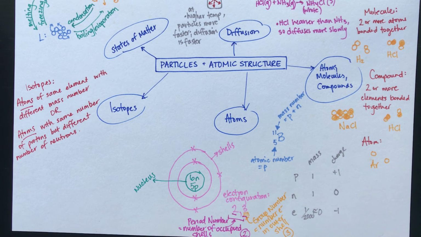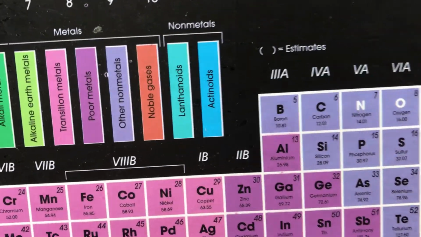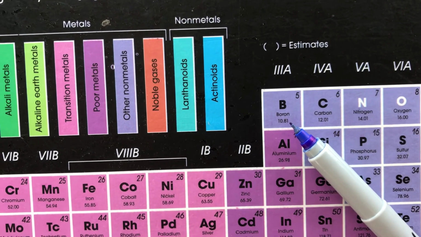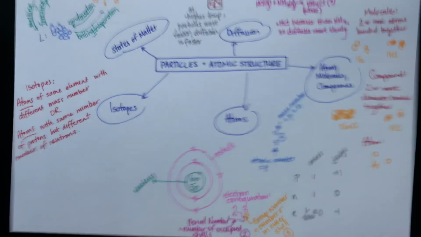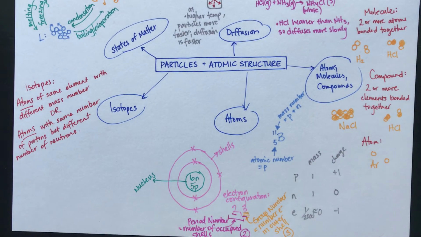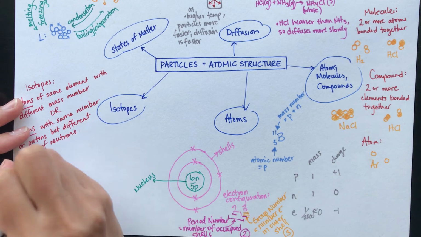Now, one of the most common things we'll ask you to do with isotopes is work out the relative atomic mass from the periodic table using the isotopic abundance. So if I get this periodic table out again, and let's look at boron, you can see it's not 11 and it's not 10, it's somewhere in between. So the question is, how do we get that number? Well, let's look at a sample of boron.